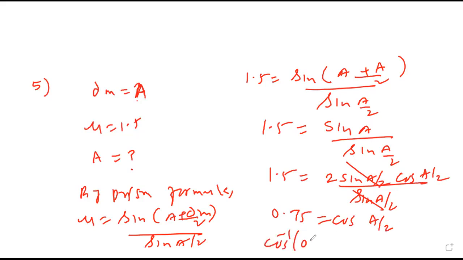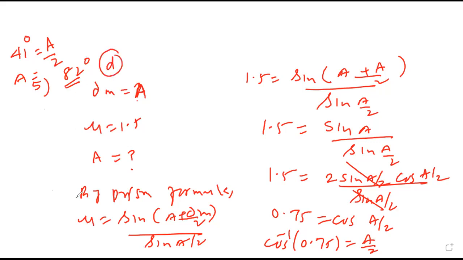So cos inverse of 0.75 is A by 2, which is equivalent to 41 degrees. Correct? Yes, sir. So A by 2 is 41 degrees, therefore A is 82 degrees, the answer. B option.